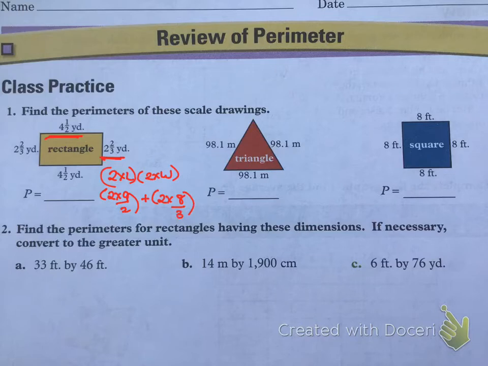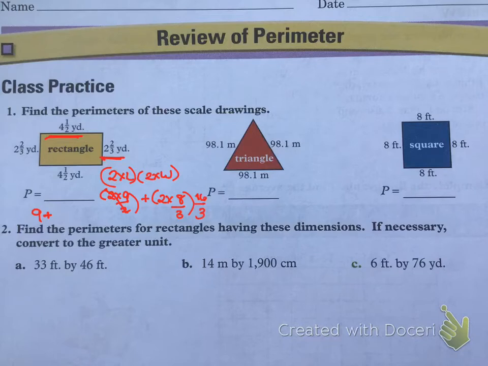Now I multiply those. I can cancel my 2 and my 2 there, so I'm really just left with 9. I'm going to come over here. So 9 plus, I can't cancel anything here. So 2 times 8 is 16. So this gives me 16/3.